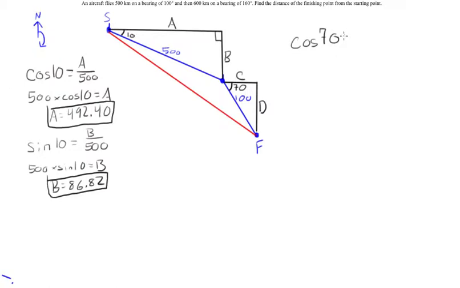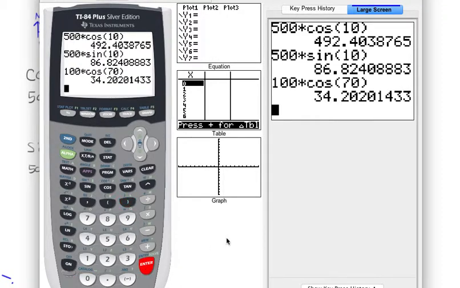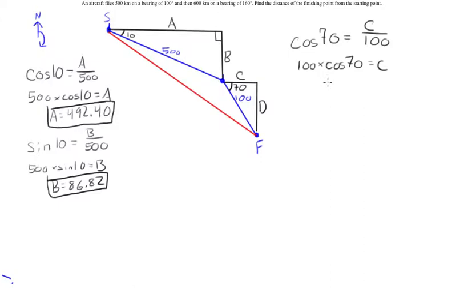So cosine of 70 degrees is equal to that adjacent side over the hypotenuse of 100. Multiply both sides by 100, a little bit of algebra in there, and put this in the calculator. So 100 times the cosine of 70, 34.20 is my side C.